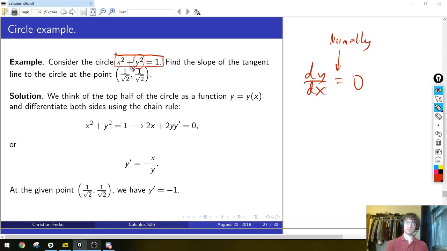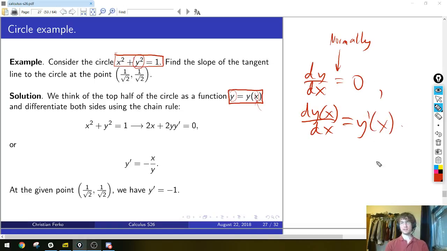I plug in some x to this equation, then I could solve that for y. So I'm going to choose to identify y not as a coordinate, but as a function which spits out some y coordinate when I give you the x coordinate. So if you're going to use this strategy, you should be very clear about what you're saying, but the strategy here is to identify y as y of x. So then instead of saying dy dx is 0, we're going to say, well, now to emphasize, this is dy of x dx, which we also can write as y prime of x.